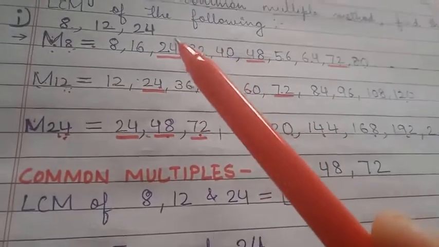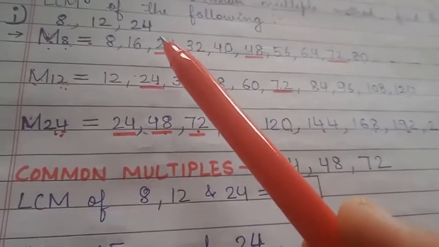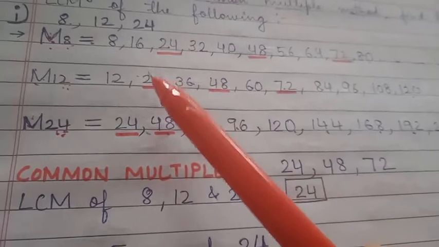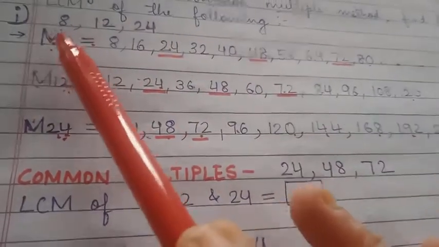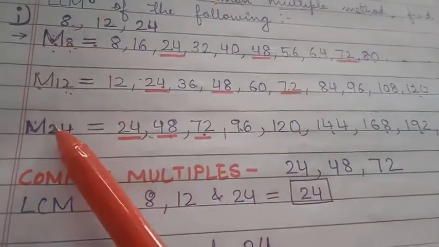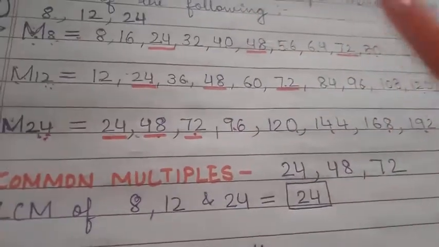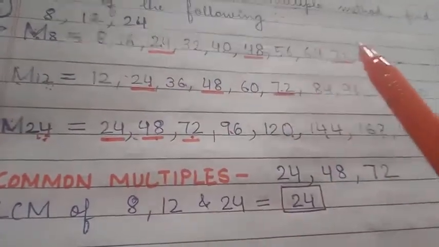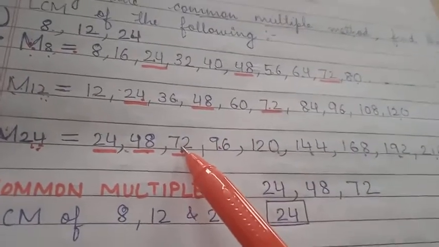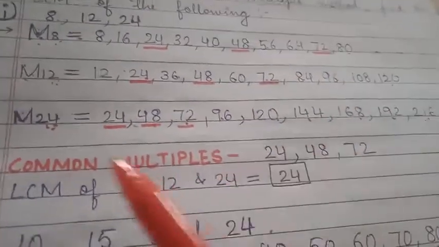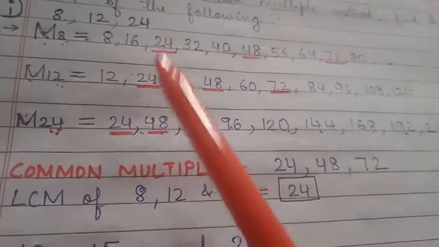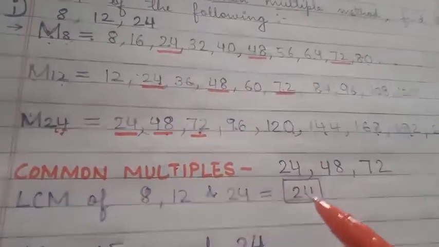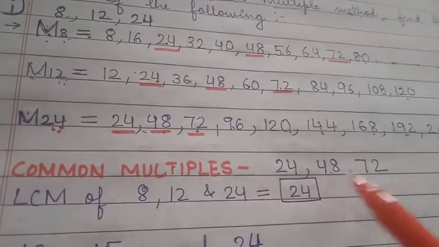It is not allowed that it is there in only any two. It should be common in all three given numbers. If we make that list, it is 24, 48 and 72.